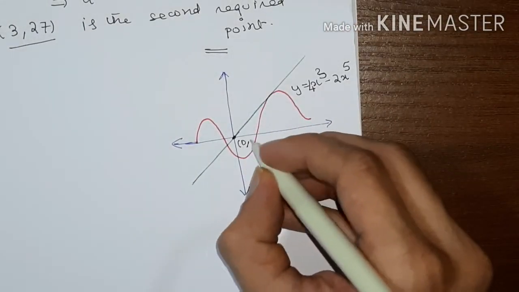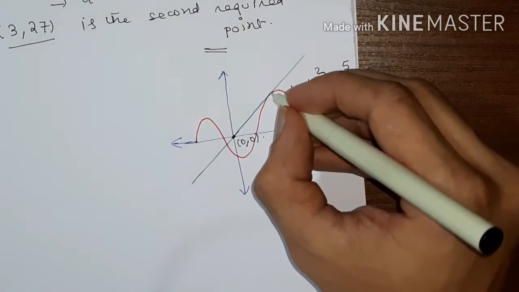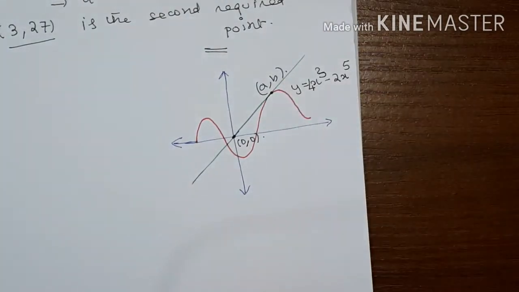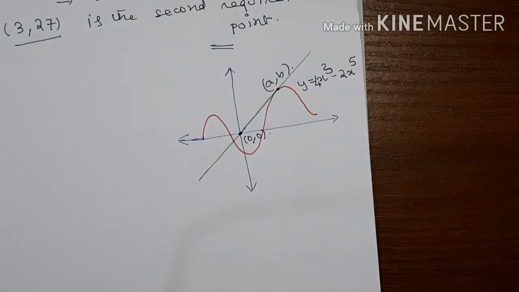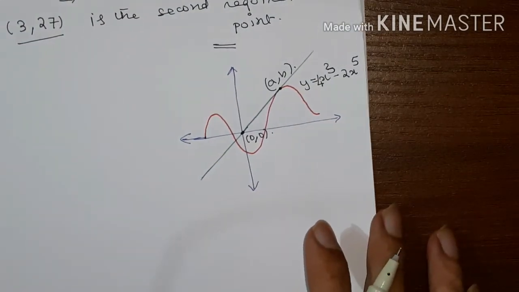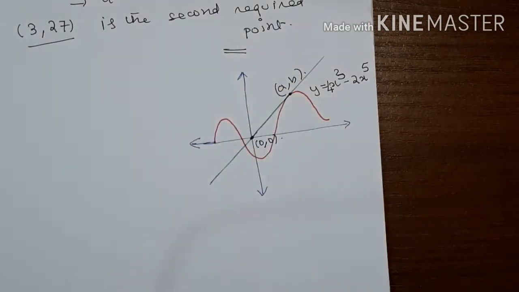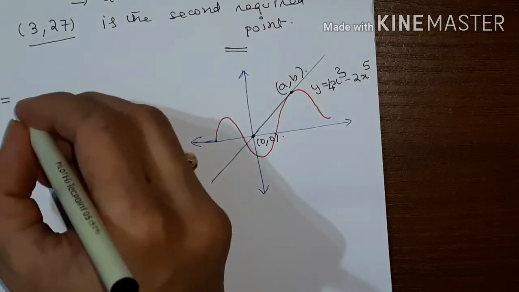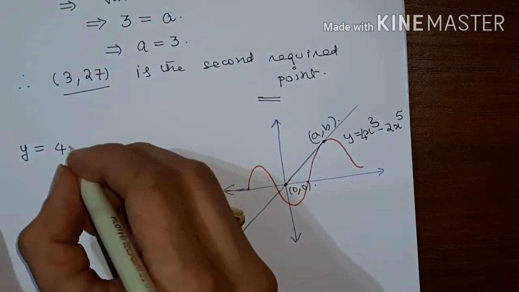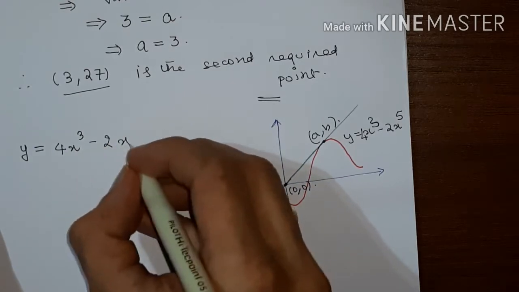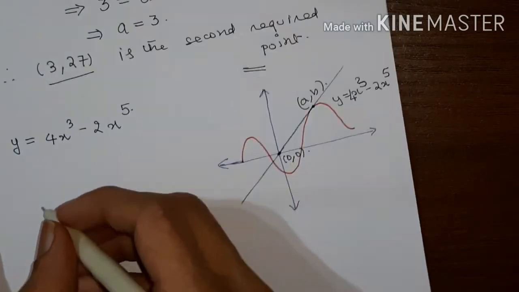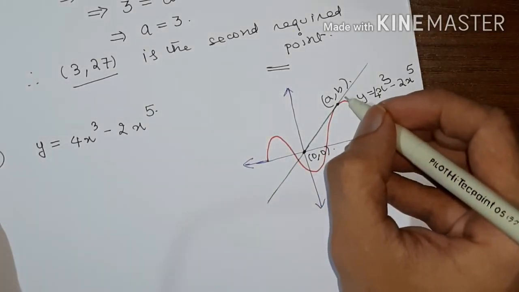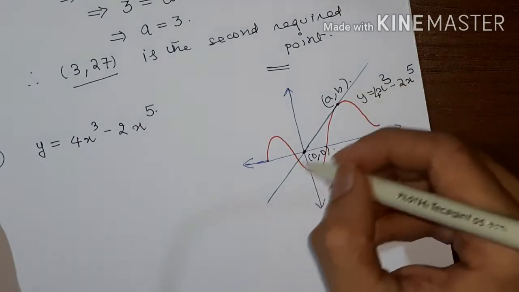Origin means 0 comma 0, right? And the point where the tangent touches the curve, we can call it a comma b. Now we have to find all these points a comma b. So what you are given is the curve y equal to 4x cube minus 2x raised to 5. So you take all the points a comma b at which the tangent passes through the origin.